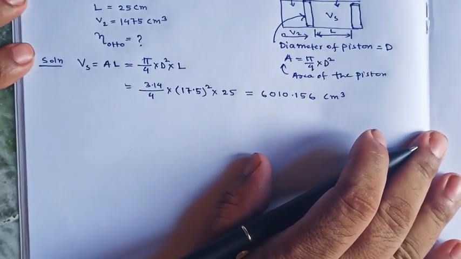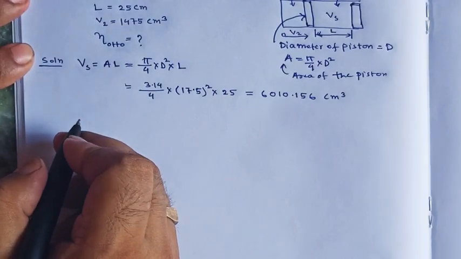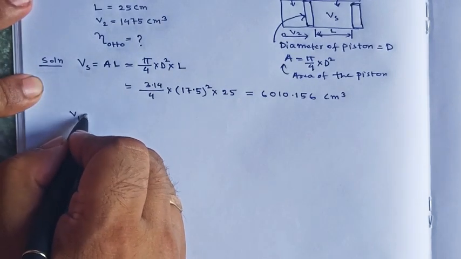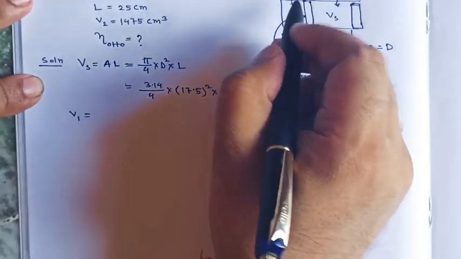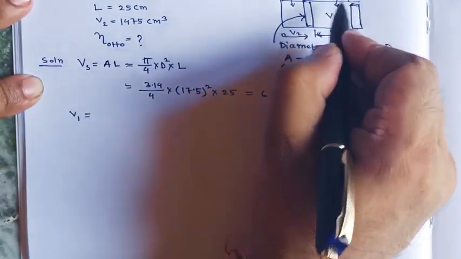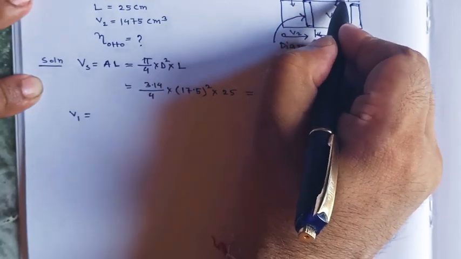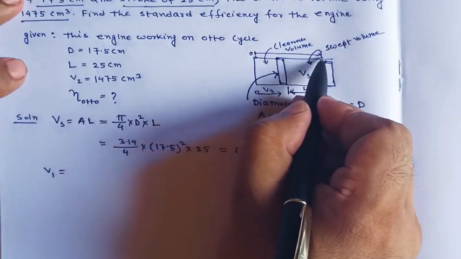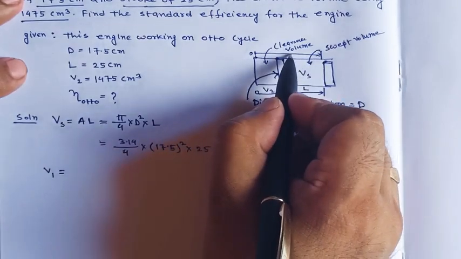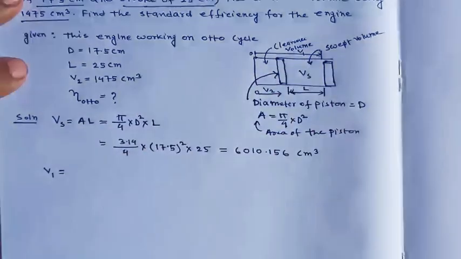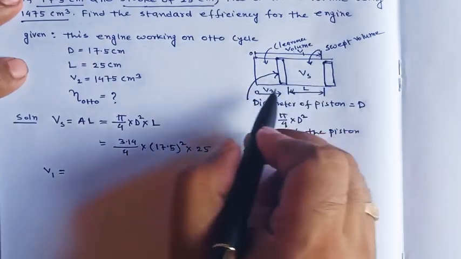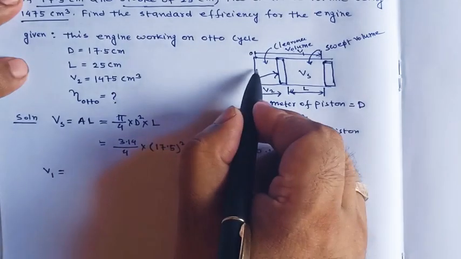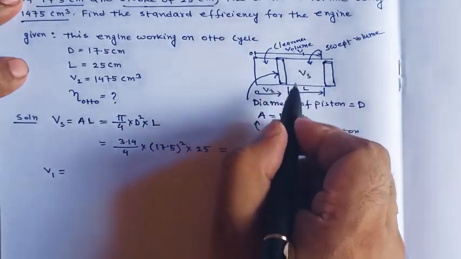Now, first find the V1. V1 is this volume up to that. If it is 0, then up to this volume, this is V1, total volume. So this V1 equals to, first this V2 plus swept volume.